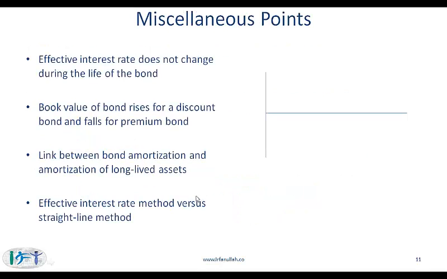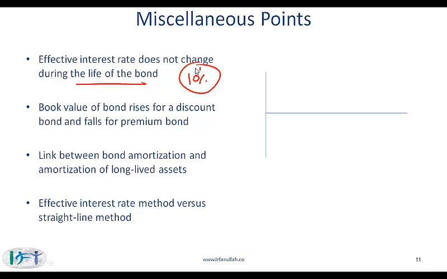Okay, now some general points. The effective interest rate does not change during the life of the bond. The point here is, let's say that you are the investor and I am the company, so I issue a bond. When I issued the bond, the interest rate was 10%, so essentially I issued a par value bond.